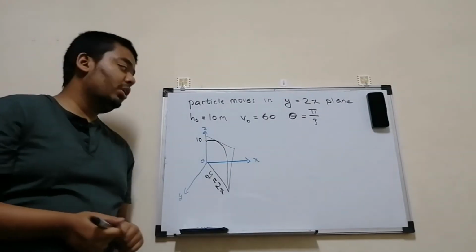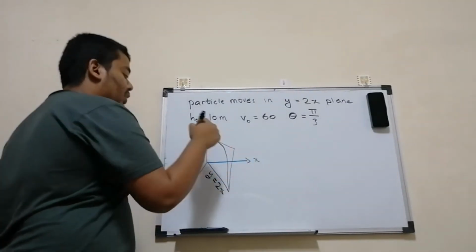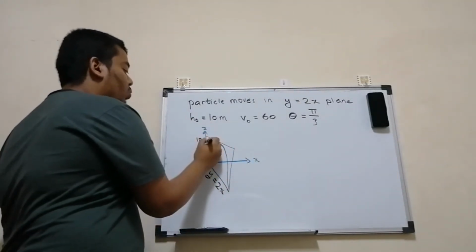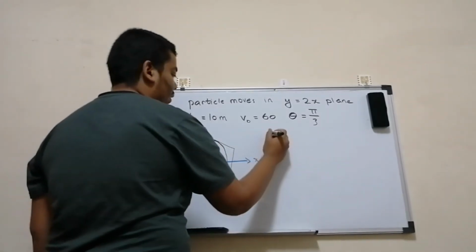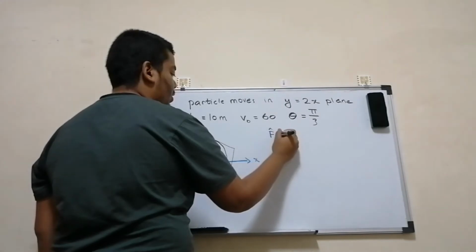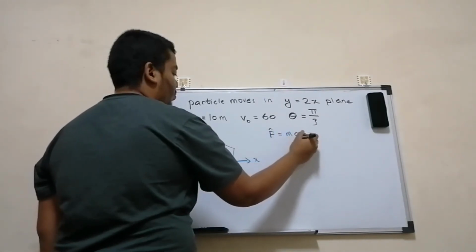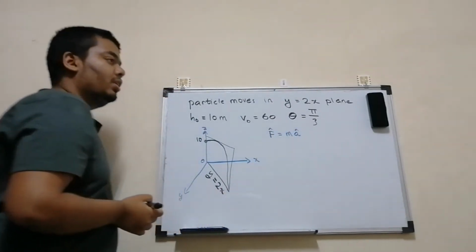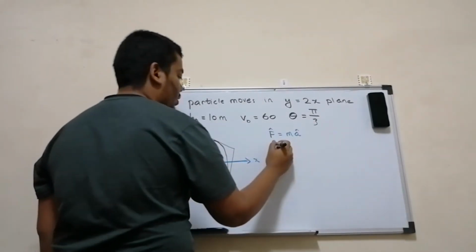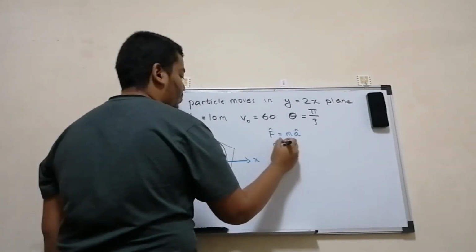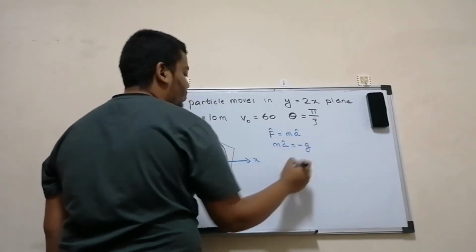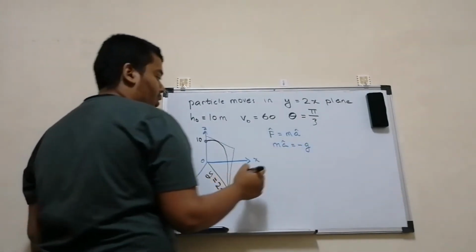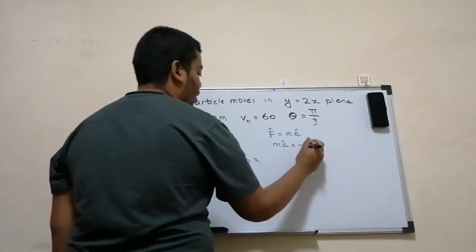Because the only downward force acting on the particle is due to gravity, we can say that F is equal to ma. We can also say that ma is negative mg k.